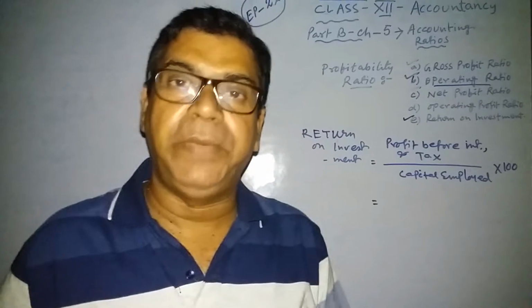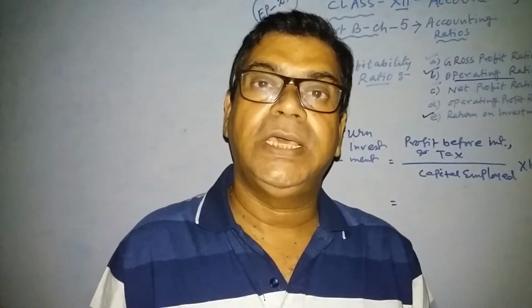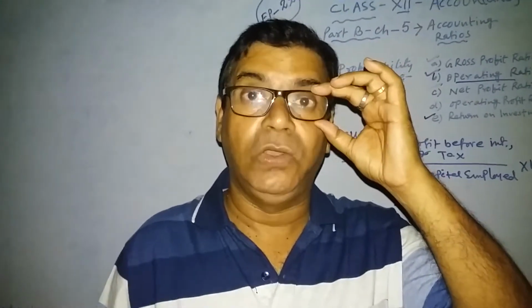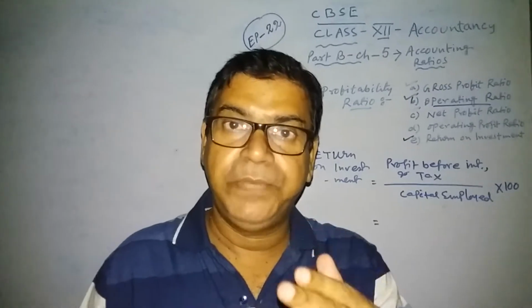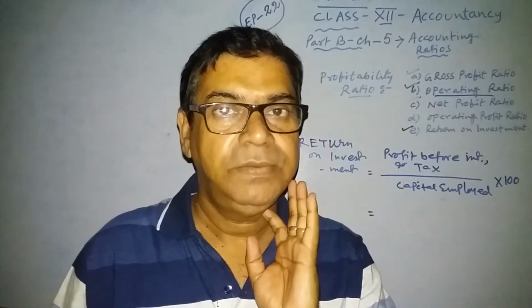Whatever profit is earned by the company, the company has to pay to four wings. First, the company has to pay the debenture holders or the lenders from where the company has taken the loan. So the company has to pay the interest first from the profit.